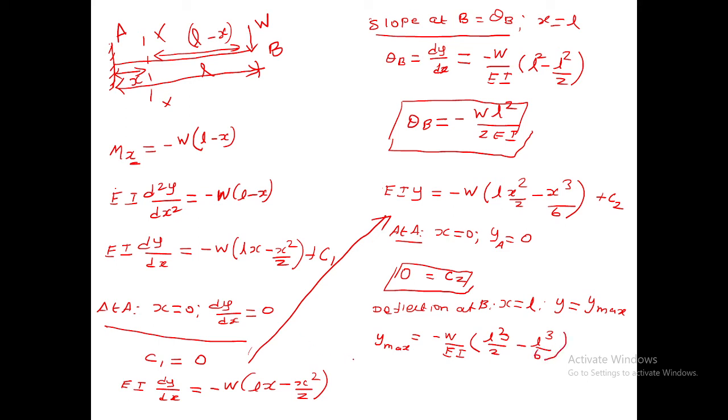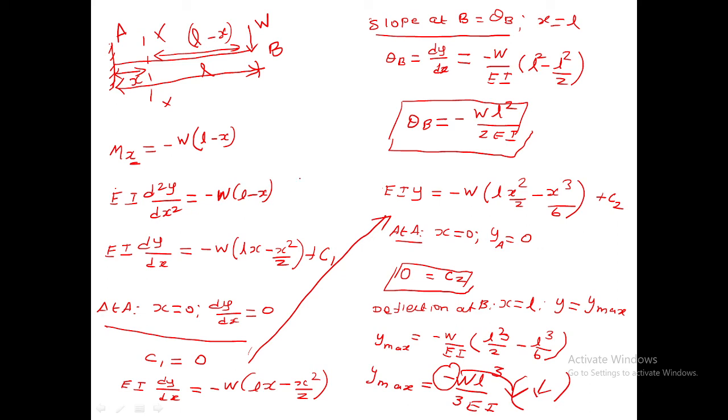So y max equal to minus W L cube divided by 3 EI. The minus sign indicates the downward deflection.